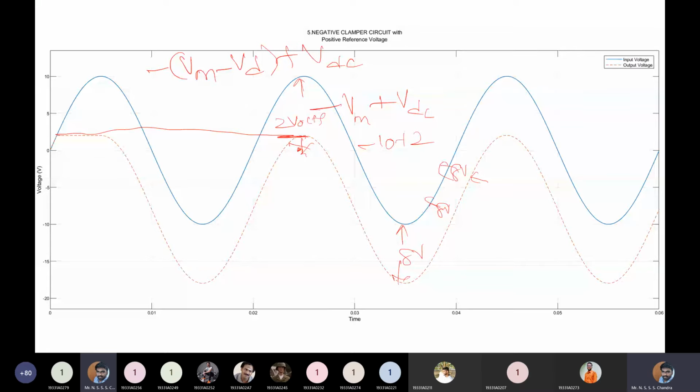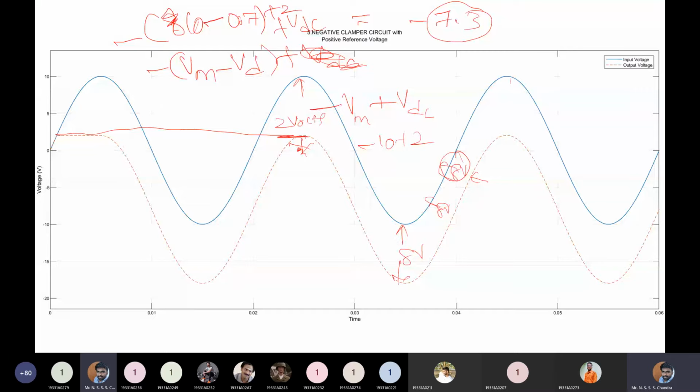So your effective change will be minus 10 minus 0.7 plus 2. So what is this value? 10 plus 0.7 is 10.7, minus 10.7 plus 2 gives minus 8.7. Wait, 10 minus 0.7 is 9.3, minus 9.3 plus 2, so it will be minus 7.3. So instead of 8 volts, your change would have been only 7.3 volts.